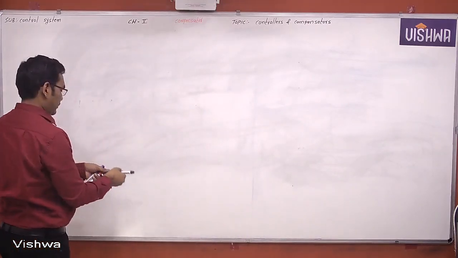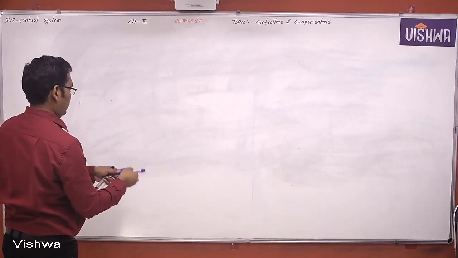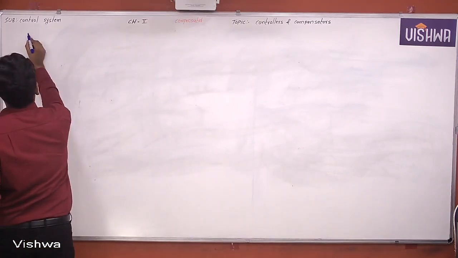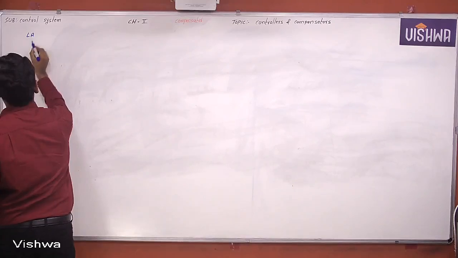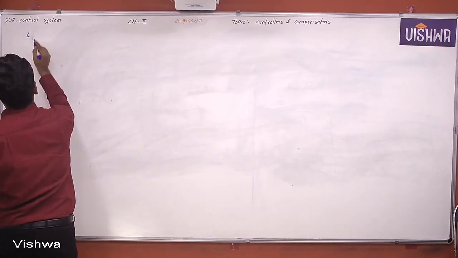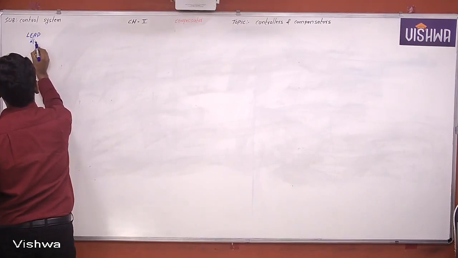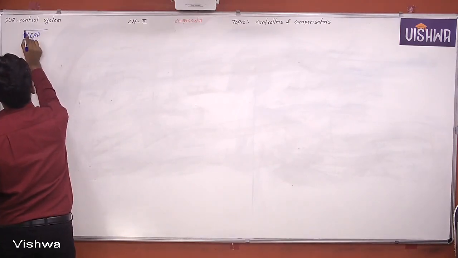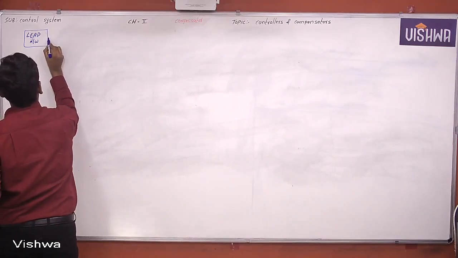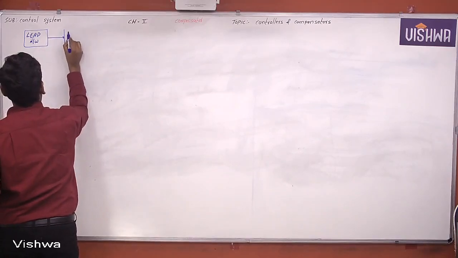Now you see here, this is the lead network and this is the lag network.